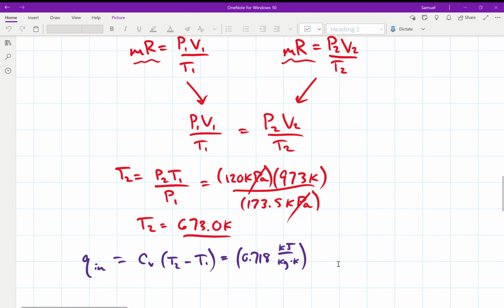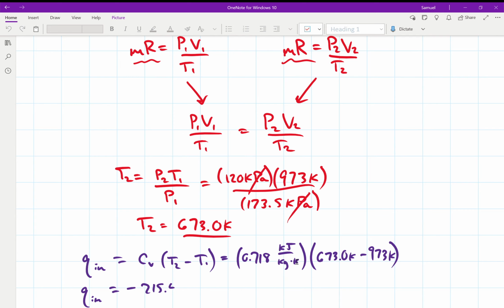Notice that this is written in terms of Kelvin, so we have to keep going with Kelvin. T2 is 673.0 Kelvin minus our initial temperature. T1 was 973 Kelvin. And we are going to get our final answer here, Q in, as negative 215.4 kilojoules per kilogram.